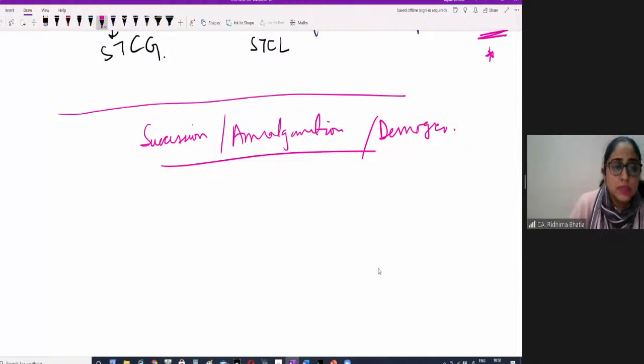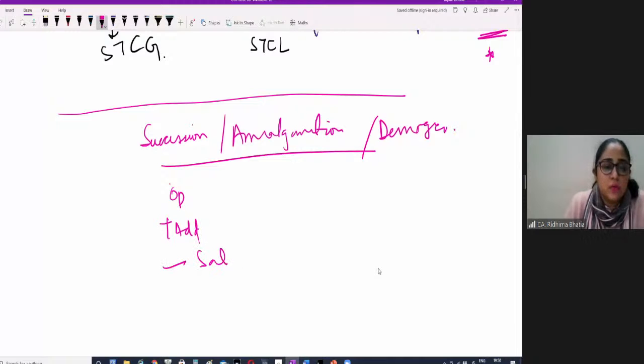Very simple. See, first you will calculate the depreciation as if nothing has happened. Close your eyes and calculate the depreciation as if nothing has happened. Similarly, take the opening, add your additions, reduce any sale amount. Then take this amount, calculate the depreciation, come to the WDV.